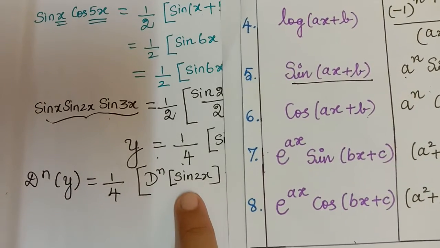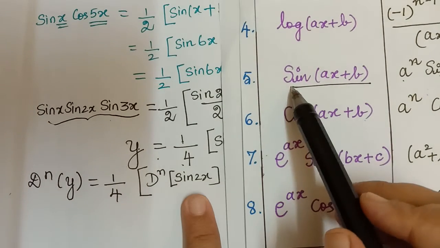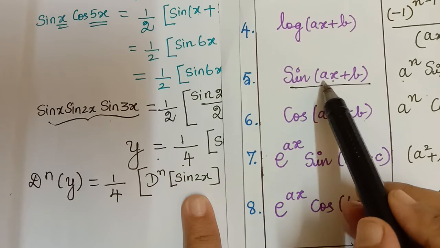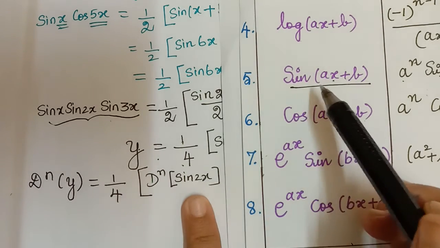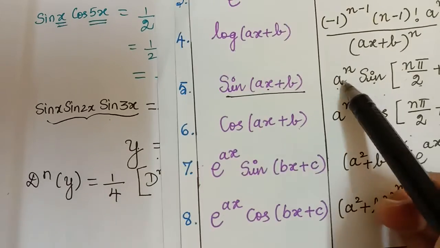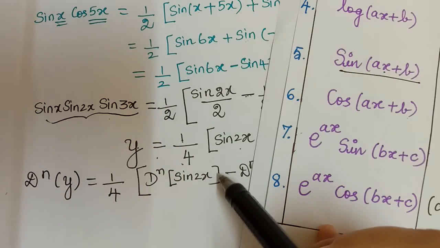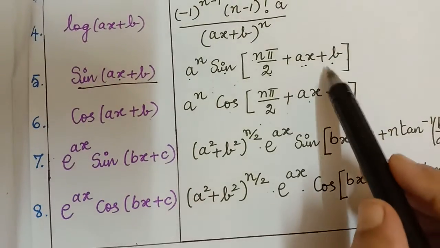Now here if we see, we have sine 2x first. So the nth derivative of sine 2x will be equal to, at the place of a we have 2. So it will be 2 power n sine of n pi by 2 plus 2x, and there is no b value here, it is 0. So this term will not come.